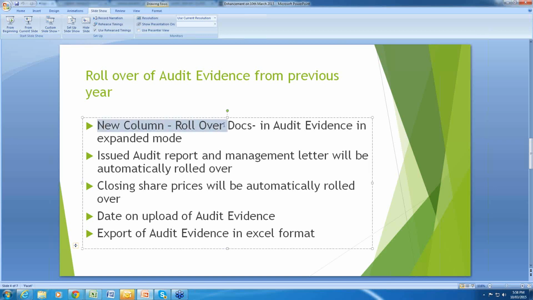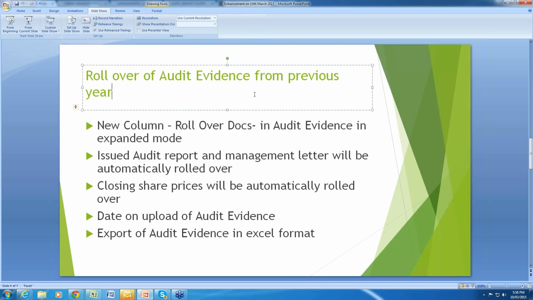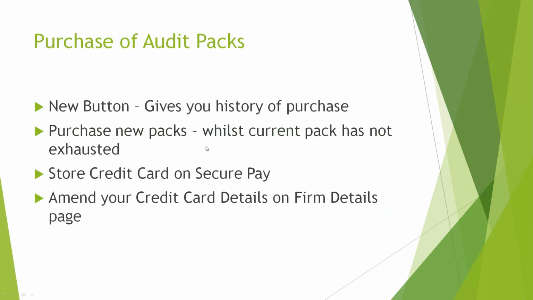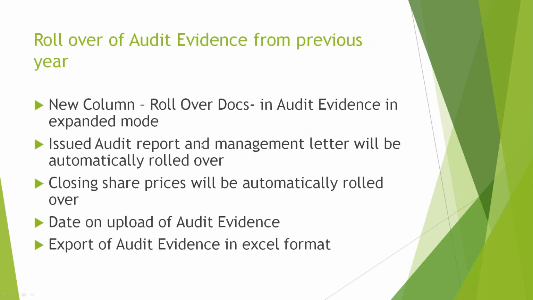There's a new column, like I said, for the audit evidence. There are so many changes made to the system, and I think you should really speed up your audit by using these functions.